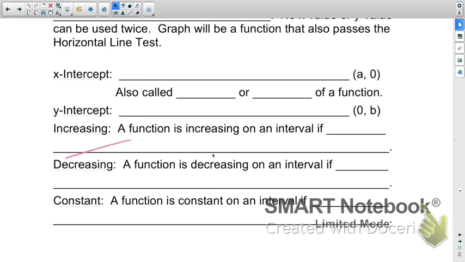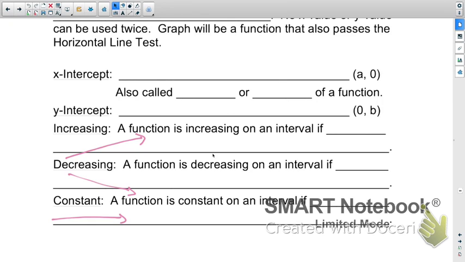It is going up from left to right if it is increasing. That is easier to remember than the technical definition. If it's decreasing, it is going down from left to right. And if it's constant, it is what? Flat. Horizontal. Okay? You will remember that much easier than you will the technical definitions.